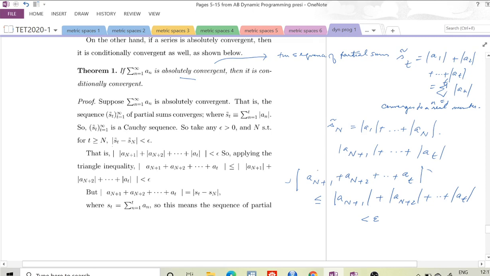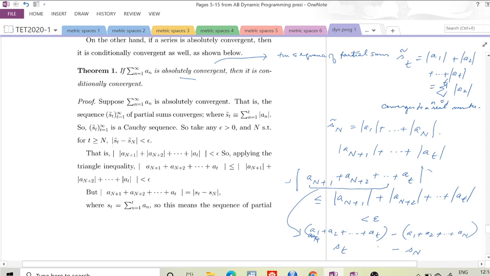But now notice that this is nothing but a1 plus a2 plus to at, this partial sum st, minus a1 plus a2 to an.